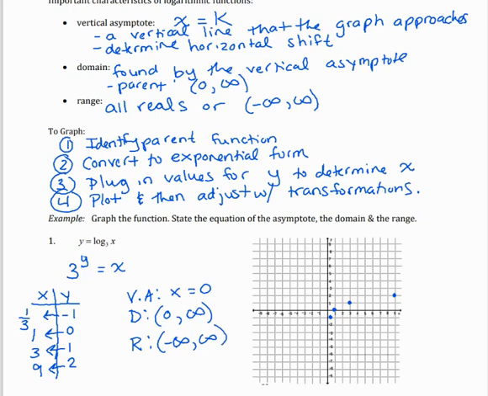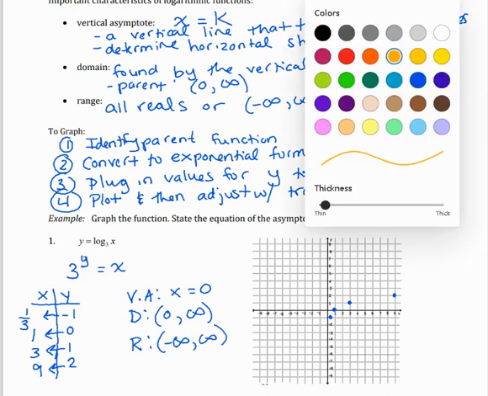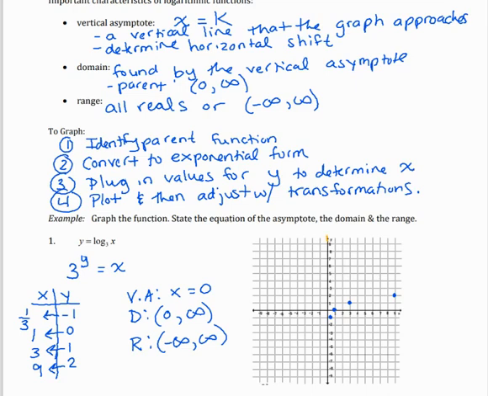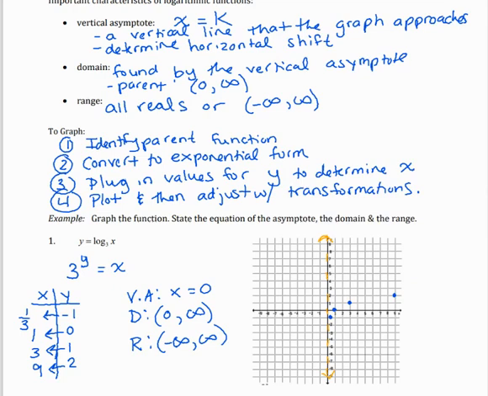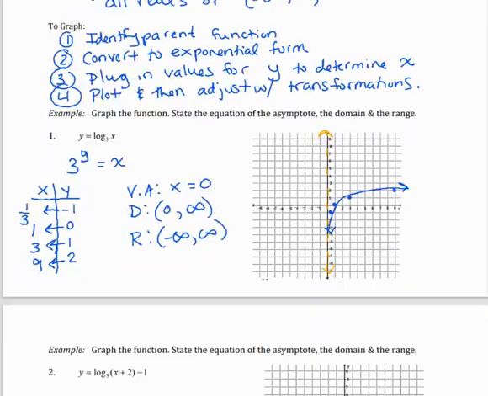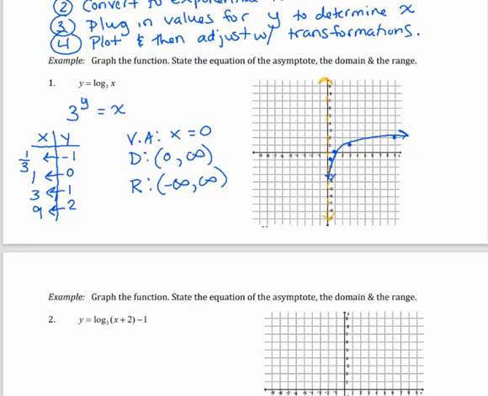So I'm going to sketch that asymptote first in a different color, vertical on the y-axis at 0. There were no shifts. Now I connect those points. Remember, we approach that asymptote, but we never pass through. I apologize, it's a little tricky to connect the dots perfectly. So there is my logarithmic equation.